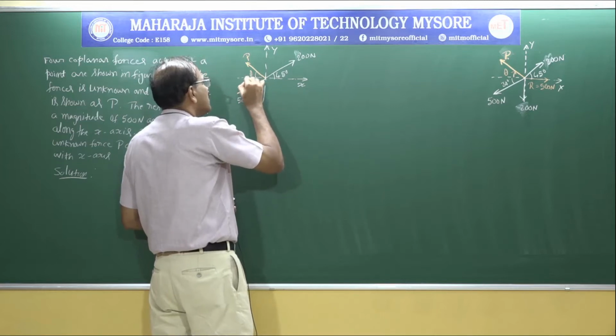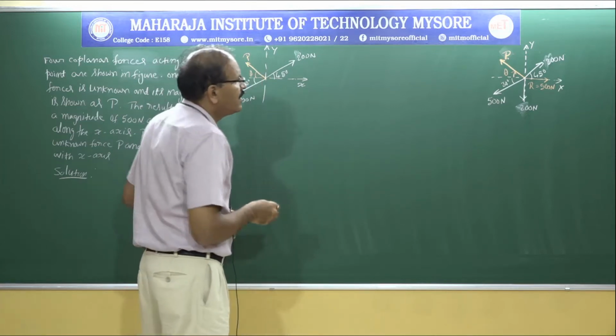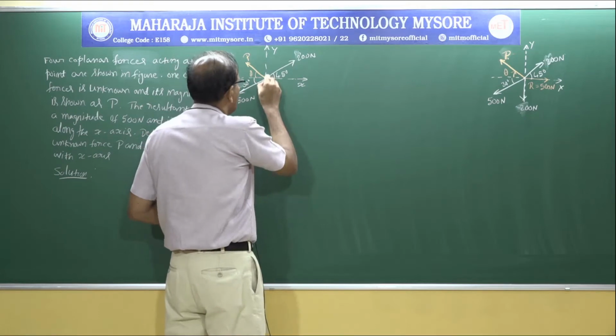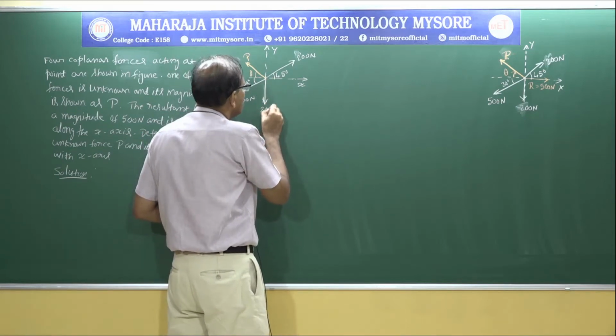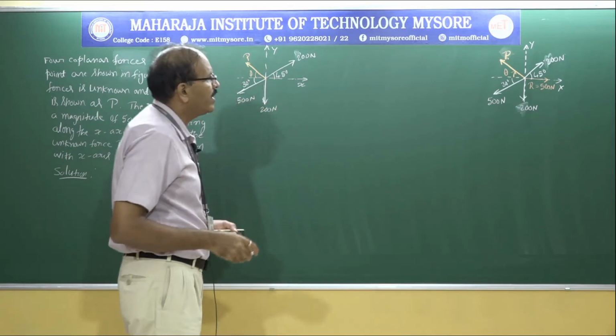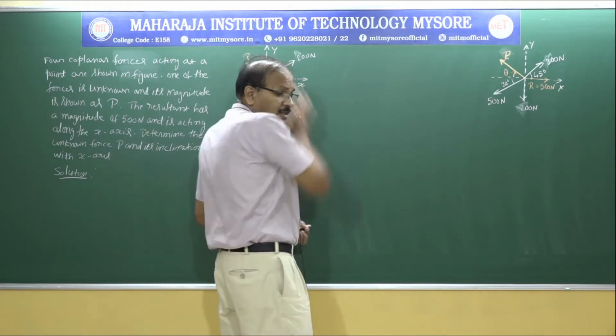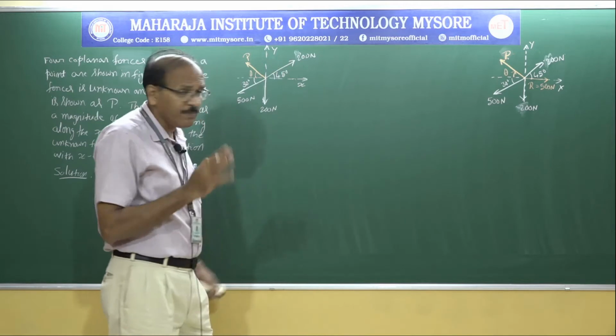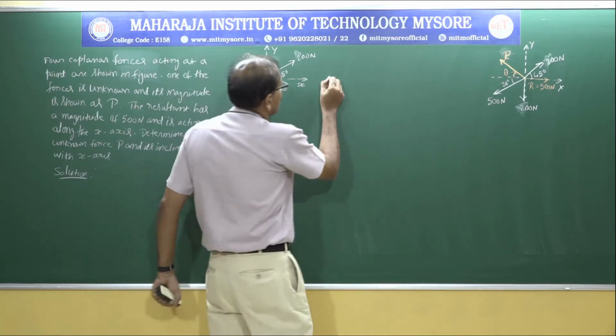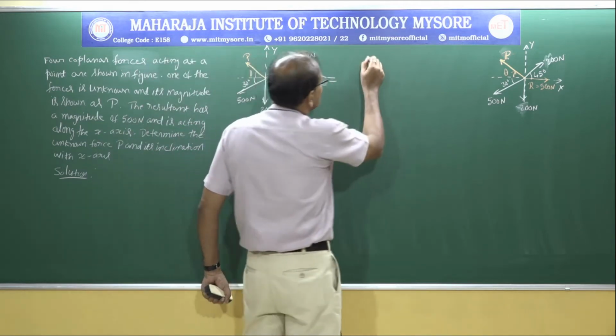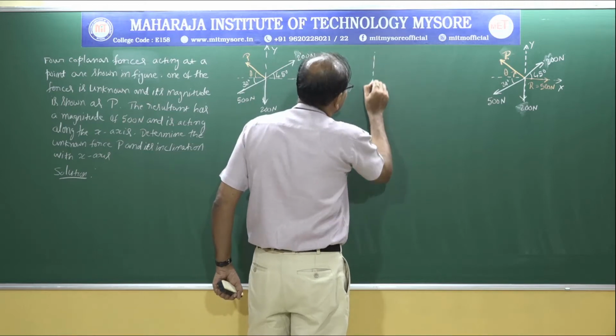This is 30 degree, and this is 200 Newton acting vertically downwards. So these are the forces, 4 coplanar forces that can be equated to the resultant.